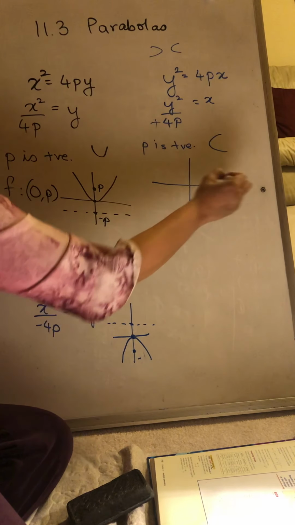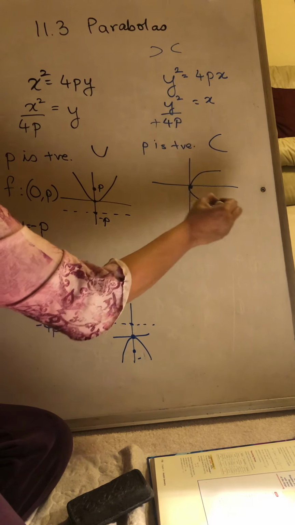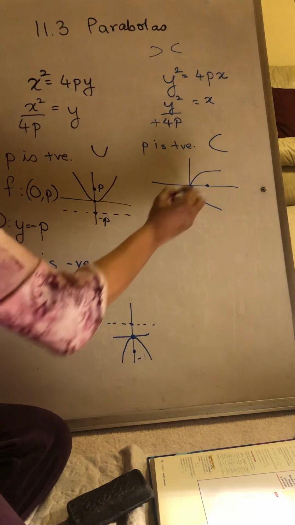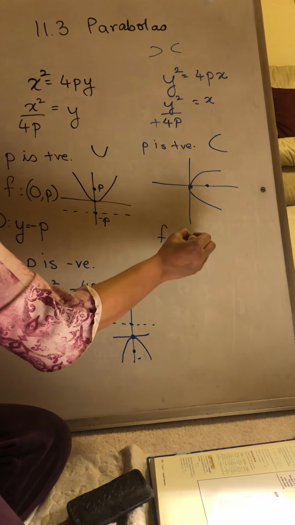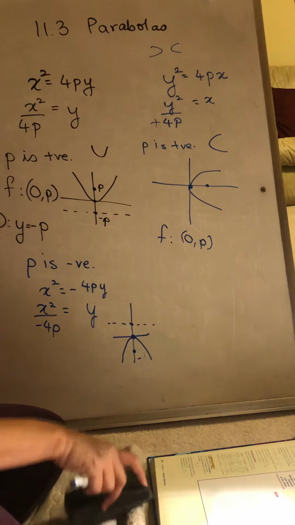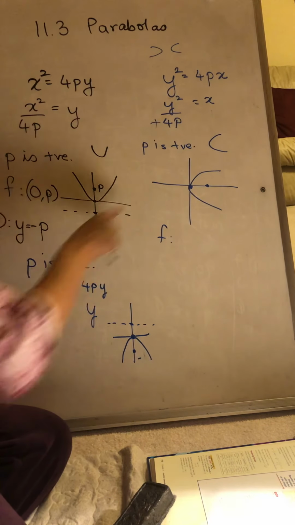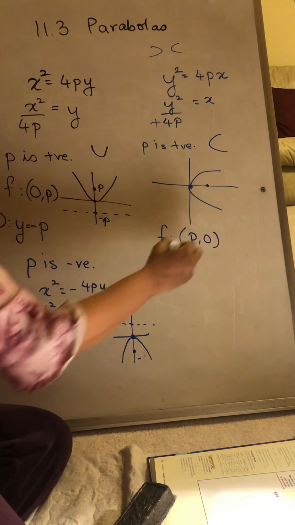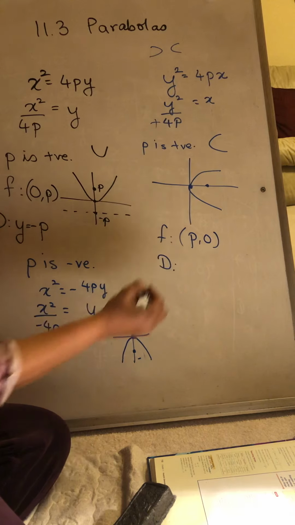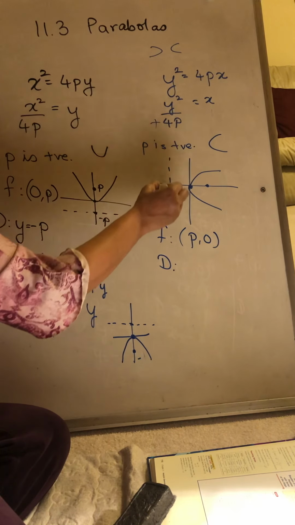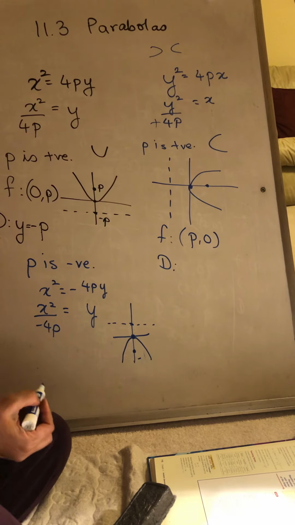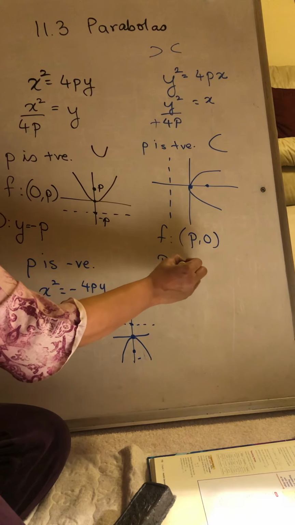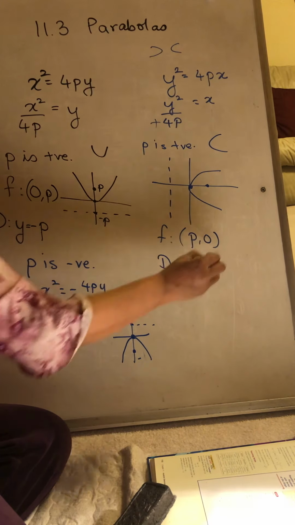So since it's right and the vertex is here, it's going to look like this. Where is the focus going to be? This is the focus. It's going to be (P, 0). In this case, it's the x-axis, right? On the x-axis, every y is 0. So (P, 0). What's the directrix? The directrix is vertical. The equation of a vertical line is x equals something. So the directrix is x equals negative P.